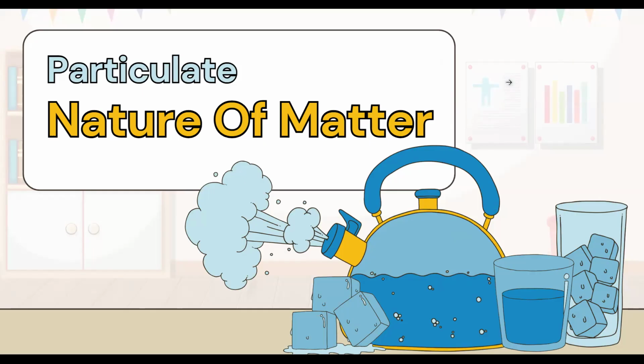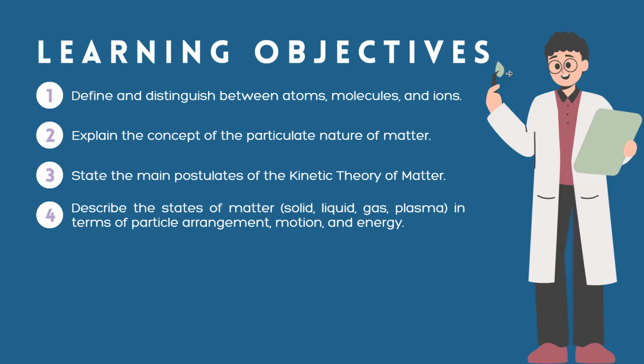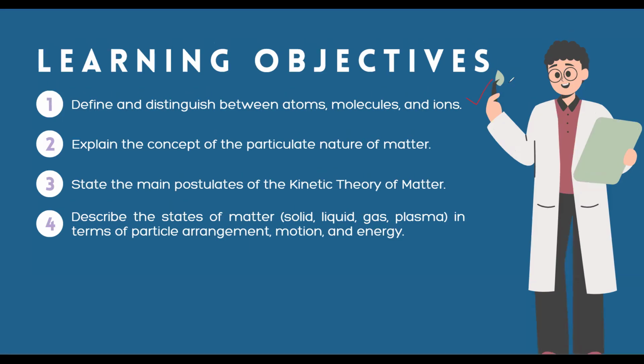Can you see it now? Yes, sir. Beautiful. So I have some objectives that you should be able to achieve at the end of today's class. Can you help me read them out, please? From number one to number four. Define and distinguish between atoms, molecules, and ions. Okay. Explain the concept of particulate nature of matter. Beautiful.